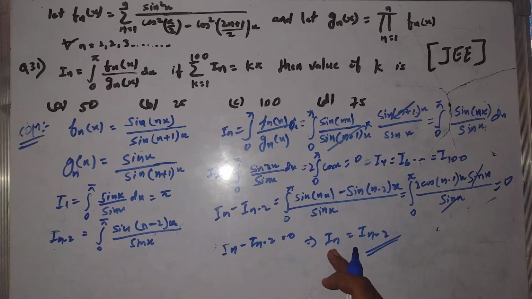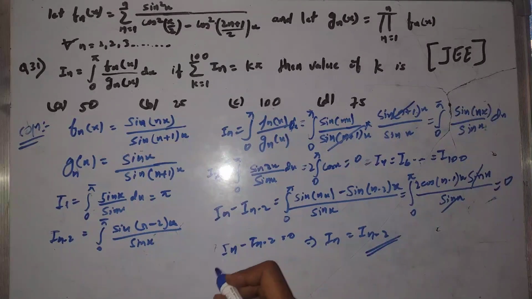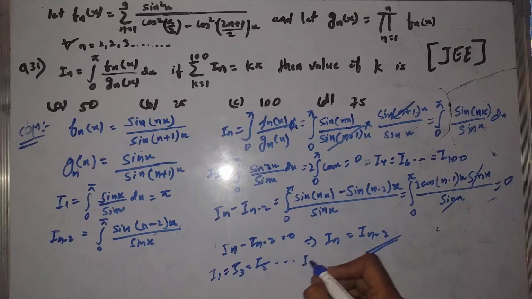If we put n equals 5, we get I5 equals I3 equals I1. Using this rule, we can write that I1 equals I3 equals I5 all the way up to I99, and these are 50 terms. Each of these equals pi, because effectively everything is equal to 1.